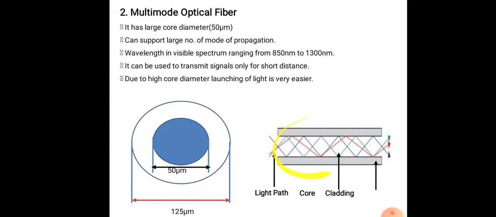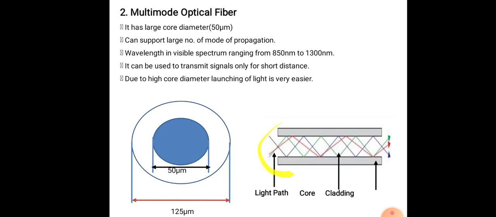Because if we see this figure, this type of fiber supports more than one beam. See, this is one, this is another, this is a third one, and hence it is known as multimode. Or we can say that this type of fiber supports a large number of modes of propagation, and hence it is known as a multimode optical fiber.